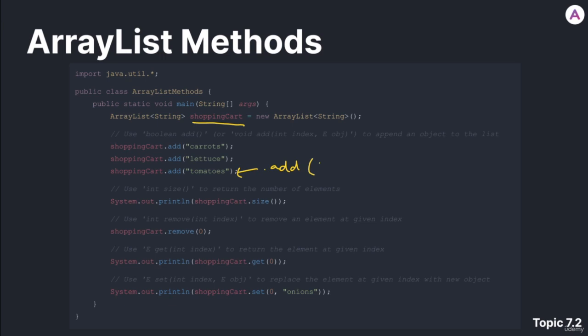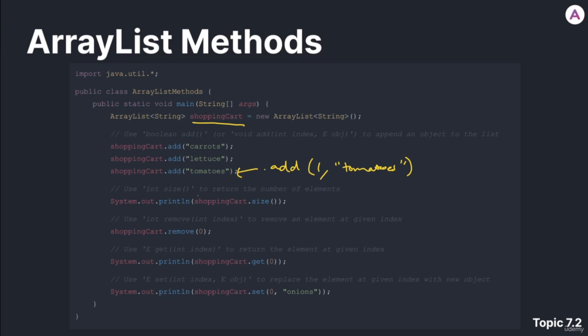So we'd say 1, because we want to assign it at the second location in between carrots and lettuce. 1, and then we'd say tomatoes. That's how we'd put it in the middle of carrots and lettuce instead of at the end. So the order instead would be carrots, tomatoes, and lettuce instead of carrots, lettuce, and tomatoes.